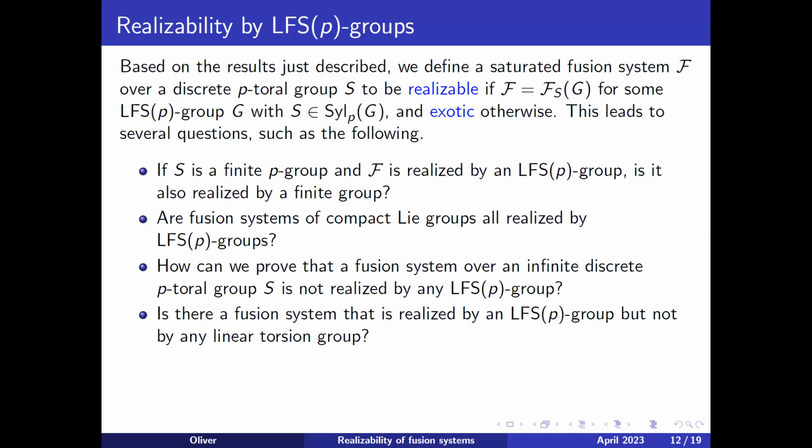And so now it gives rise to several questions, which is what I want to talk about during the rest of the time. First of all, it's natural to ask: if you've got a fusion system F over a finite p-group, and it's realized by an LFS of p group, is it also realized by a finite group?